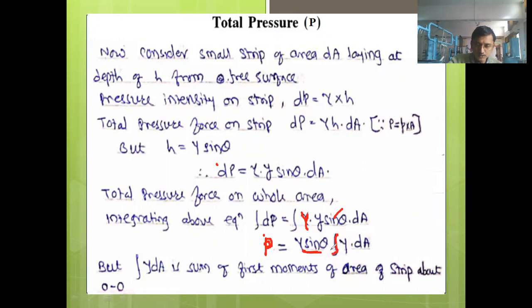And this is the integration of y dA. This integration of y dA is nothing but the sum of the first moment of area of the strip about the O axis, the inclined axis.